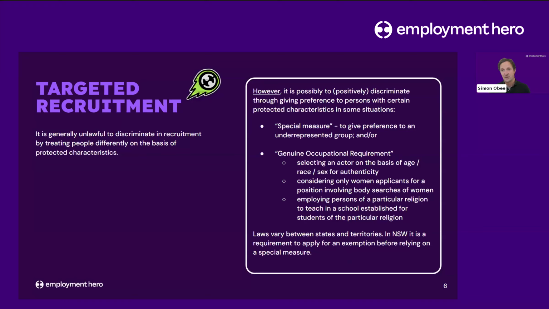So, for example, selecting an actor on the basis of age or race or sex for authenticity purposes, or considering only women job applicants for a role that involves body searches of other women, or employing persons of a particular religion to teach in a school established for students of that religion. What's on the screen is a general summary of how the law operates.